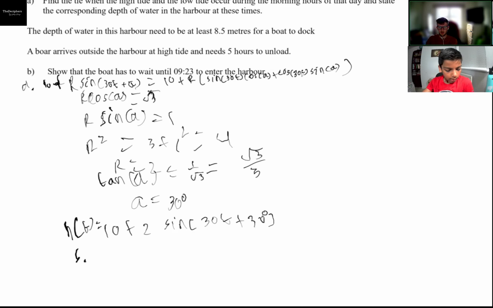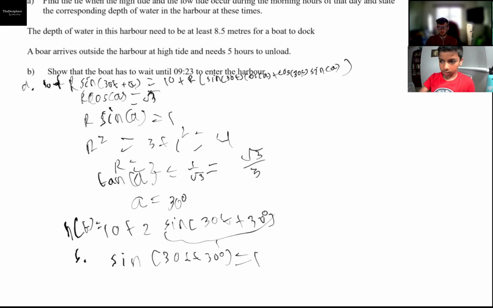So the high tide is going to be the maximum of that function. So we want sine of 30t plus 30 to be 1.